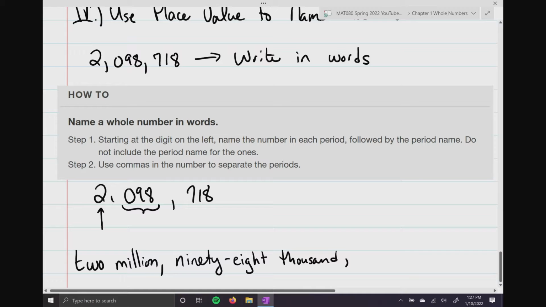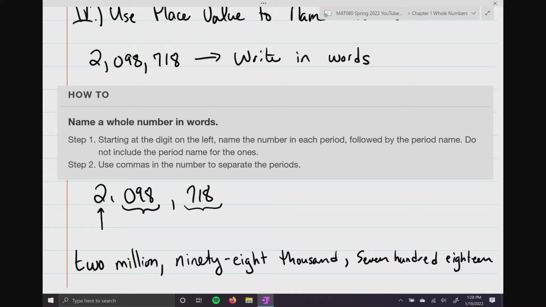And then this is just in the ones period, but remember, we don't say the ones period. We would just say 718. And that's it. If we follow these 2 simple steps, we can write any whole number that we want in words.